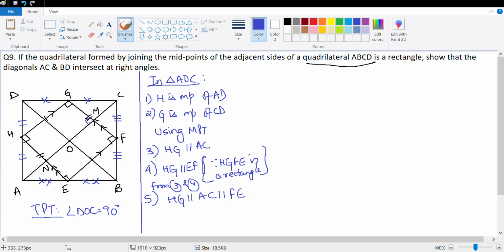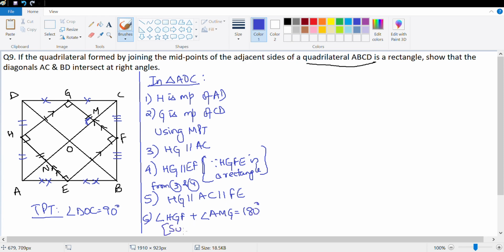This angle is also 90° because this is a pair of co-interior angles. So angle HGF plus angle AMG is equal to 180°.